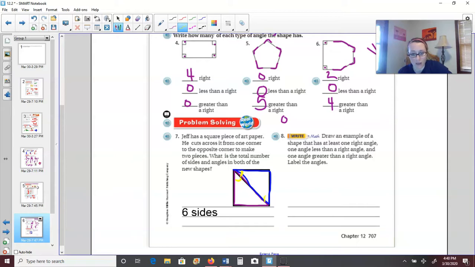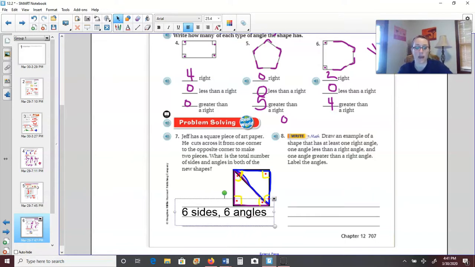And then over here, 3 acute angles, 4 acute angles, and then these perfect corners. 5, one of those is right, and 6, another right angle. So all together we have 1, 2, 3, 4, 5, 6 angles. Remember, if the shape has 6 sides, it's going to have the same number of angles. And even though the shapes have 3 sides each, we were adding them together. Okay.